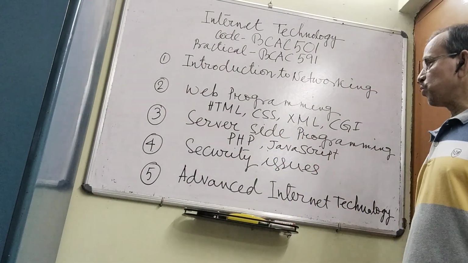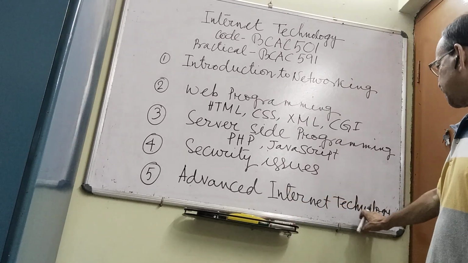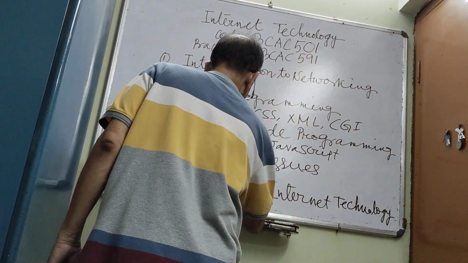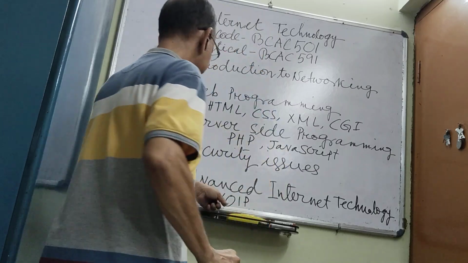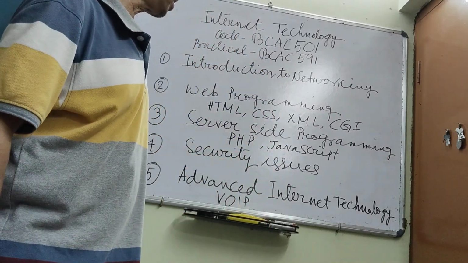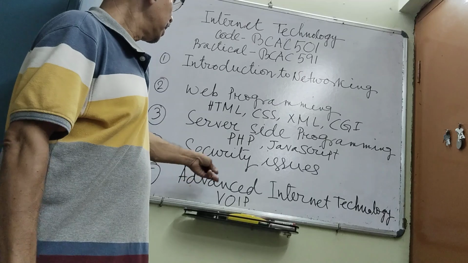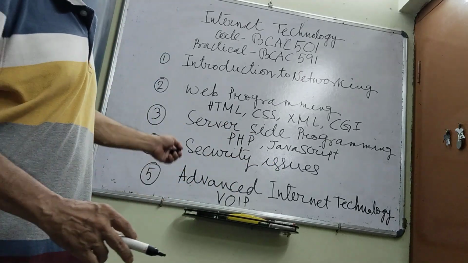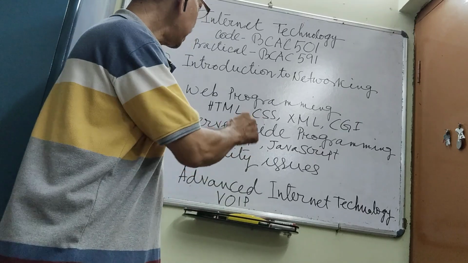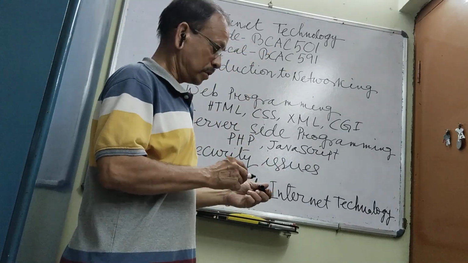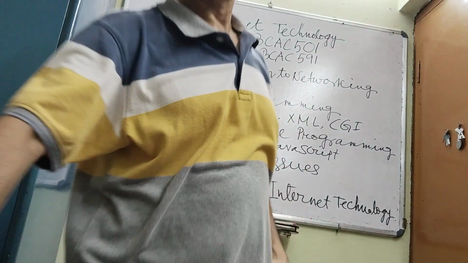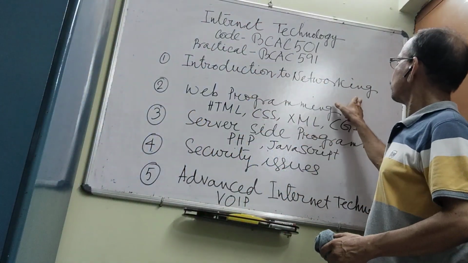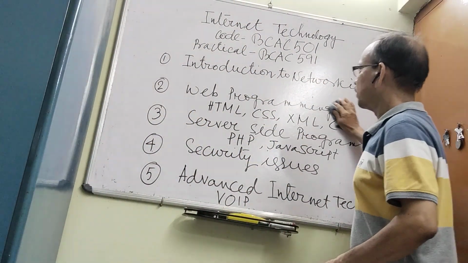In advanced internet technology, VoIP, voice over internet protocol, and other advanced technologies of the internet. So these are the 5 modules in our BCA 501. Today we discuss the introduction of network.